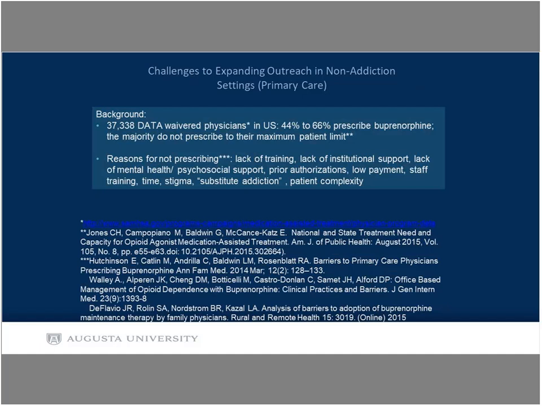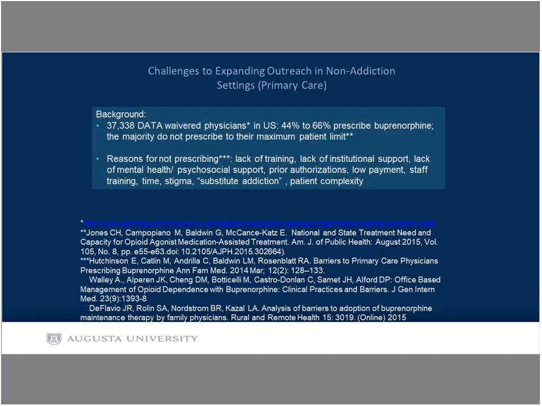Even though buprenorphine can be administered in primary care settings, the majority of the physicians that are waivered are not prescribing at their patient limit. Because of the stigma associated with drug use, it's been difficult to get physicians in primary care to agree to undergo the training and to start taking on buprenorphine patients.